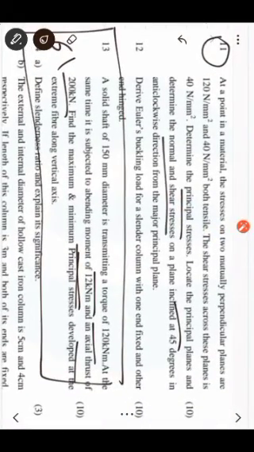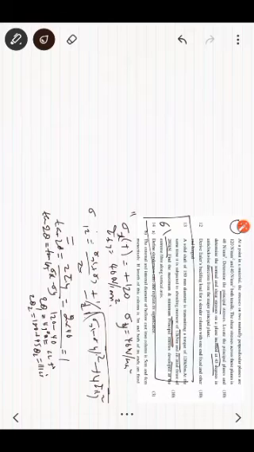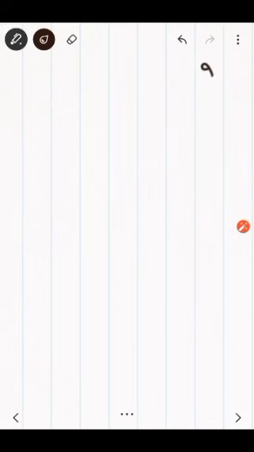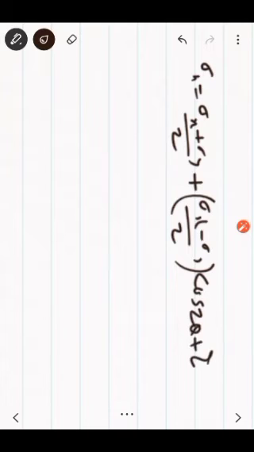And determine the normal stress and the shear stress on the plane at 45 degree, in the anticlockwise or clockwise direction of the plane. So what is the normal stress? Sigma n equal to sigma x plus sigma y by 2 plus sigma x minus sigma y by 2 cos 2 theta plus tau xy sin 2 theta. Substitute all the values and we'll get the values.